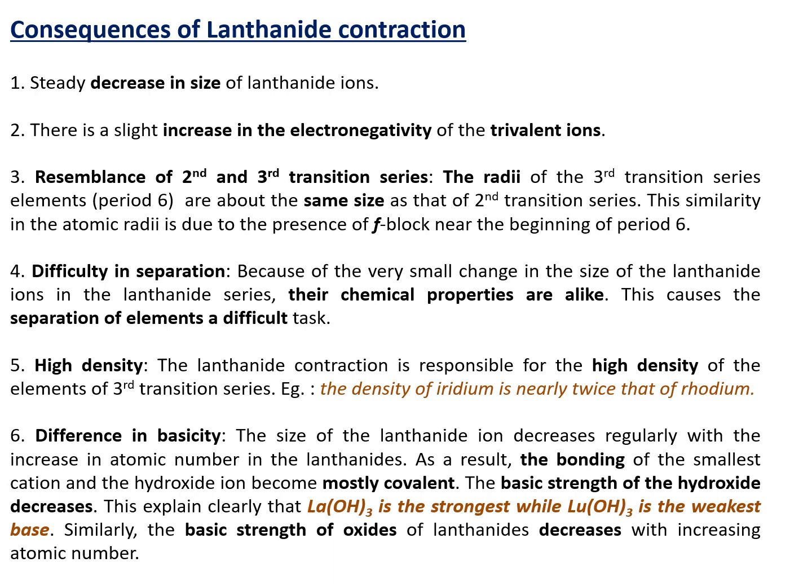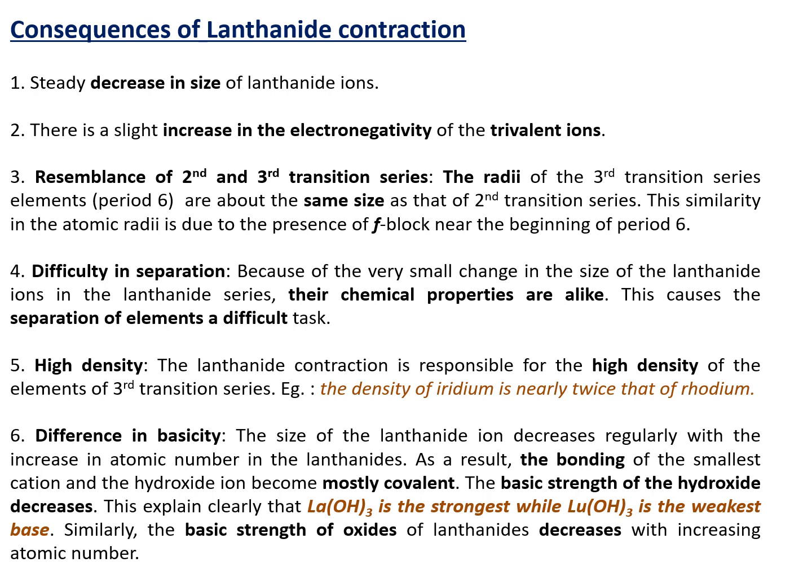This similarity of atomic radius is due to the presence of the f block near the beginning of period 6. Then the difficulty of separation. Separation of the elements is a very difficult task. Then the high density. The third transition series has very high density, which is due to the lanthanide contraction.